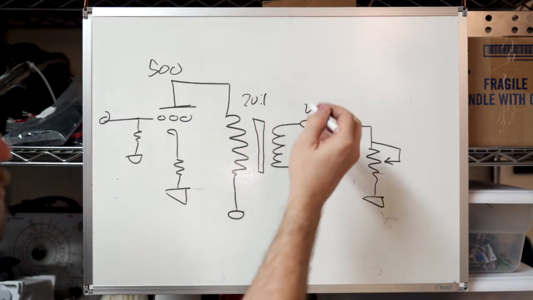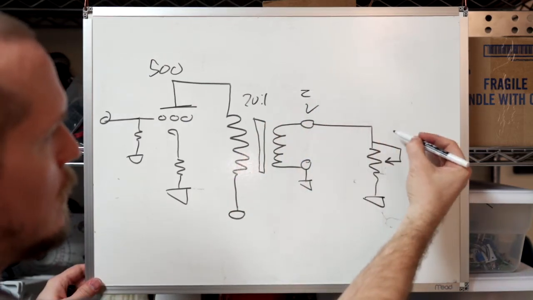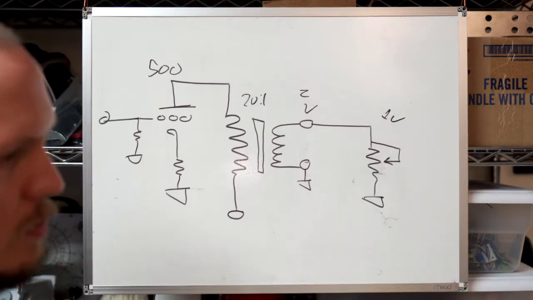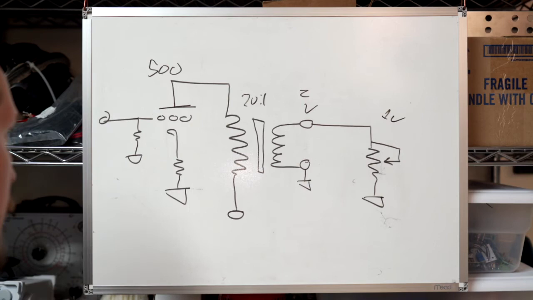So you'd set this at like 2 volts out, like I said before, and just scroll this until you get 1 volt here, and then just pull the pot out and measure it, and you will actually get the output impedance of your amplifier.